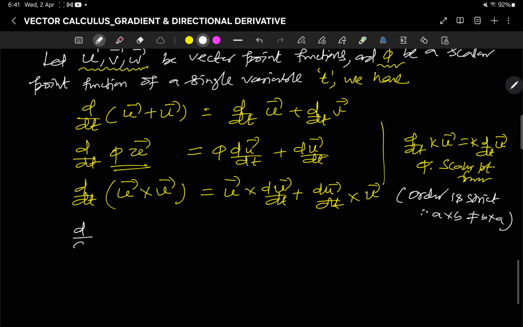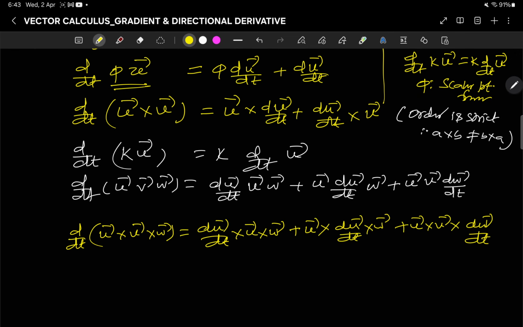Likewise here, suppose d by dt of ku, then it is simply k taken out, d by dt of u. Likewise we have the product of three functions here, right? So derivative of one keeping the other two silent, then the derivative of another one keeping the others silent, in that way.